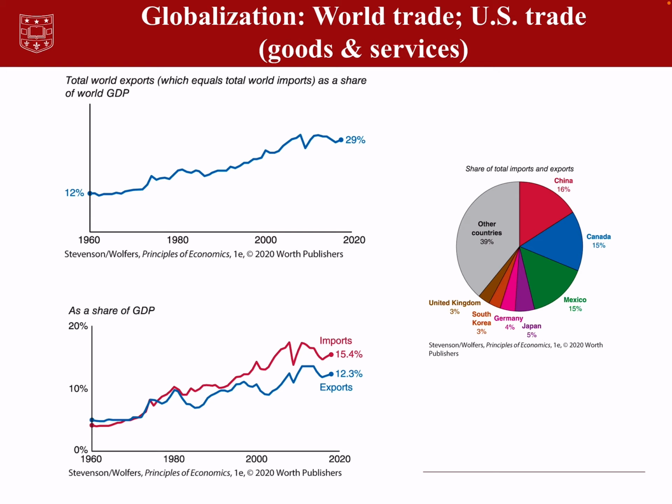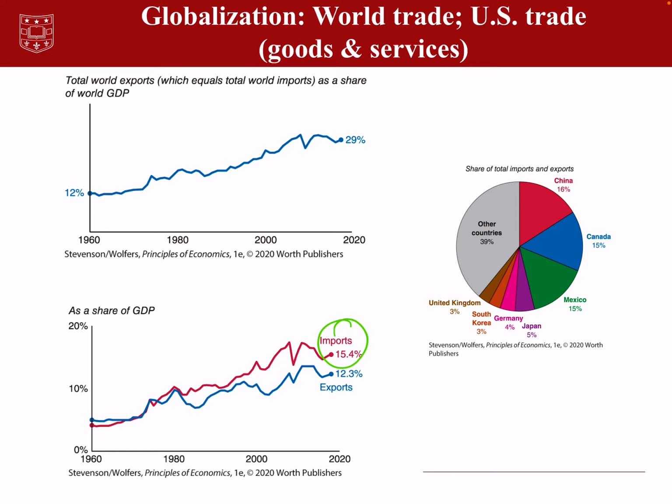So global trade, again, more or less over my lifetime, has grown from about 4 or 5% of GDP to about, on average, 13 or 14%. Imports, of course, are a higher percentage of GDP, as you can see right there, for the US.